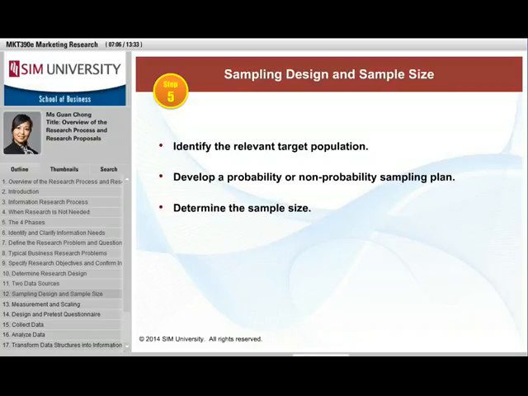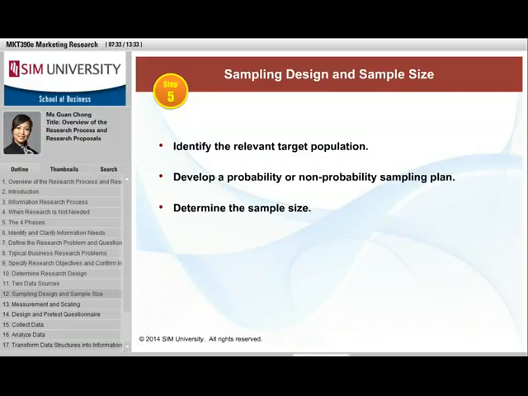Sampling plan serves as a blueprint for defining the appropriate target populations, identifying the possible respondents, establishing the procedures for selecting the sample, and determining the appropriate size of the sample. There are two major types of sampling methods: probability sampling and non-probability sampling.